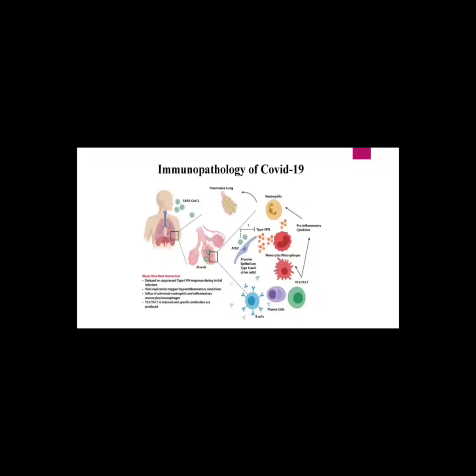So the lungs may result in a cytokine storm in this condition. Here the specific T helper cells 1 and 17 may be activated and contribute to exacerbating the inflammatory condition. By this exacerbated inflammatory condition, the alveoli become swollen. So there will be severe acute respiratory syndrome, meaning the person is unable to breathe.